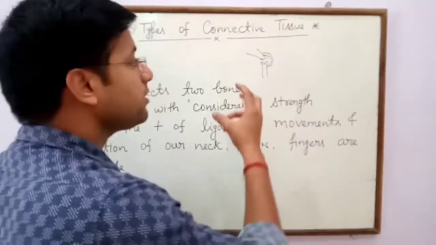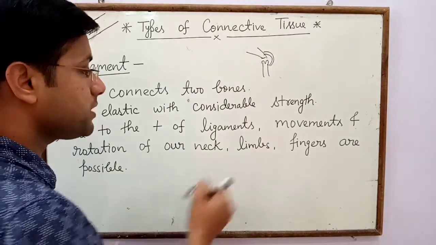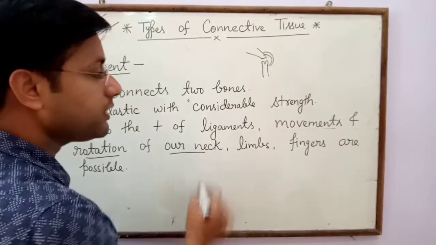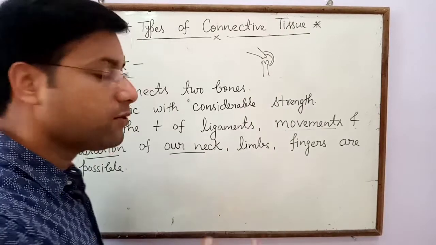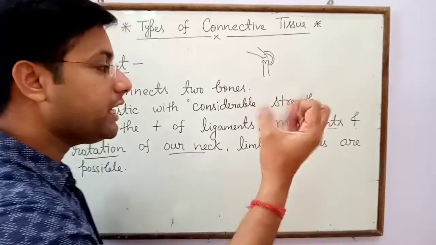Due to the elasticity of ligament, it helps in movements and rotation of our neck. With the help of ligaments we can move or rotate our neck, limbs and fingers.